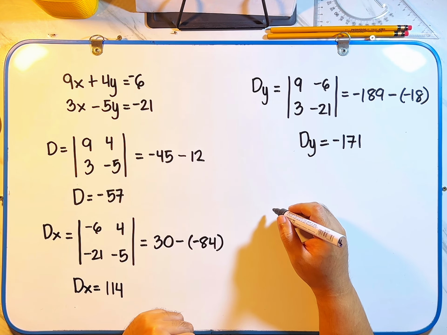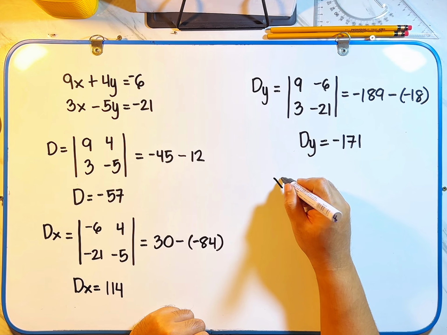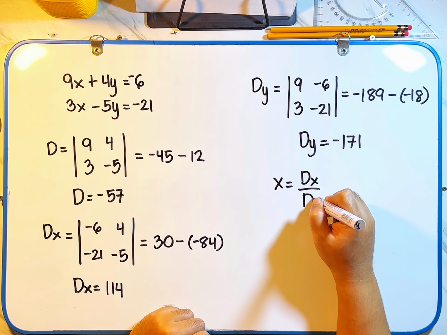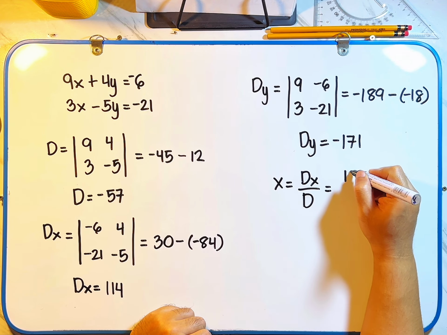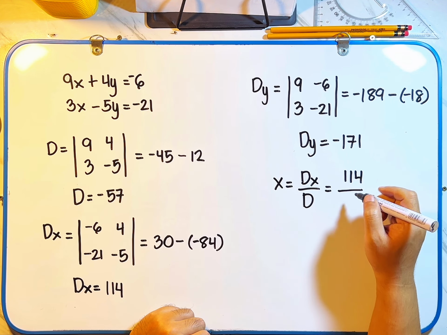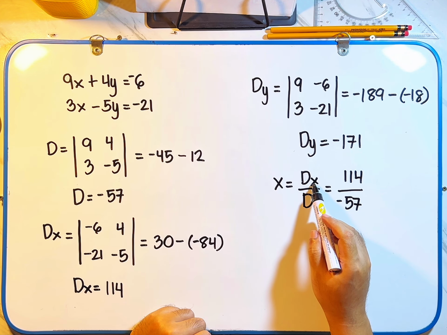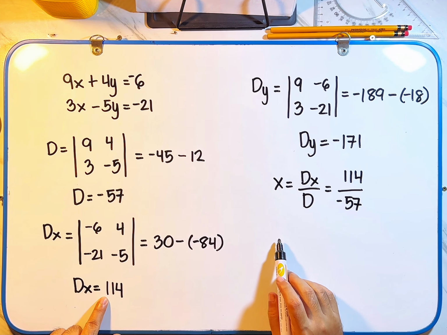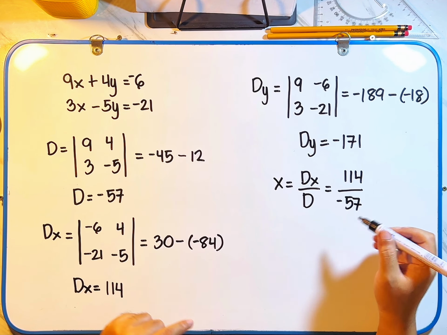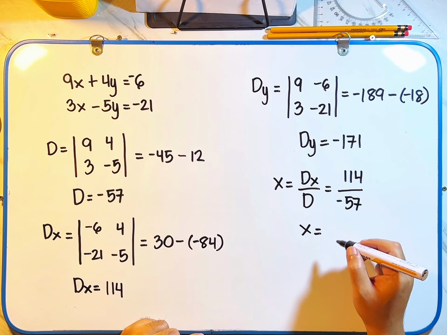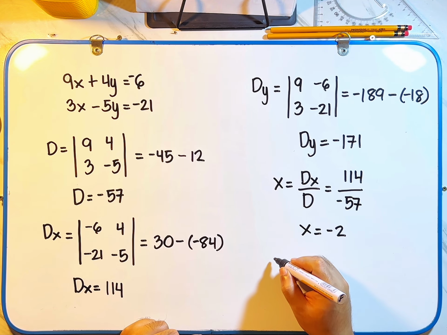And therefore, we can now find the coordinates of the solution. The x-coordinate is equal to Dx over D, which is equal to 114 over negative 57. So Dx is 114, D is negative 57. And 114 divided by negative 57 is negative 2.